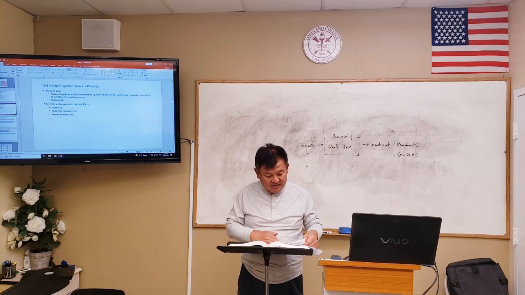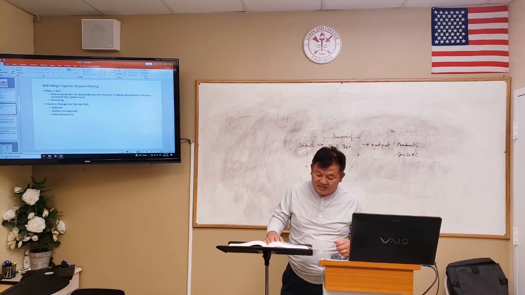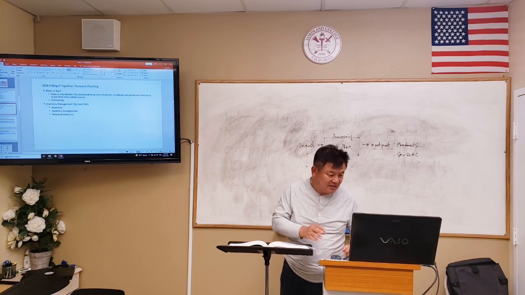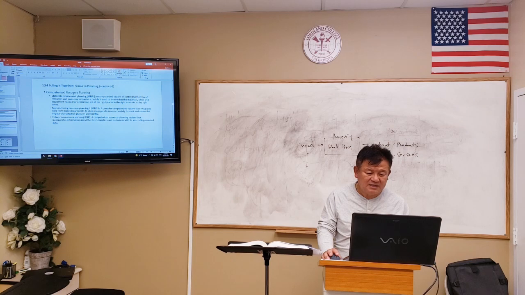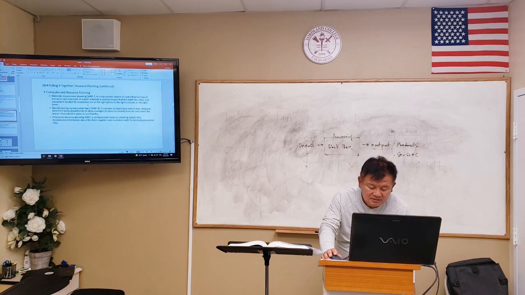Okay. Let's move on. Computerized resource planning is MRP. Nowadays there are many kinds of tools for computerized resource planning. First we review MRP1, materials requirement planning. The definition is: a computerized system of controlling the flow of resources and inventories.